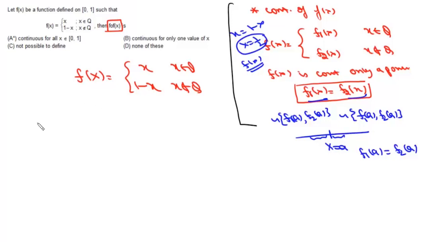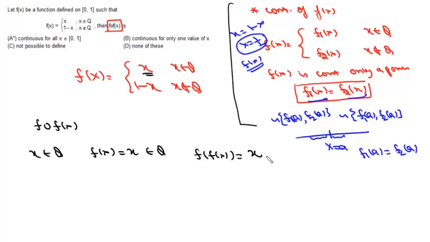Now for this question, we do not need any of this analysis. What we need to do is find f of f(x). When x is rational, f(x) is x, and therefore f(x) will be a rational number, and if f(x) is rational, then f of f(x) will be simply x.